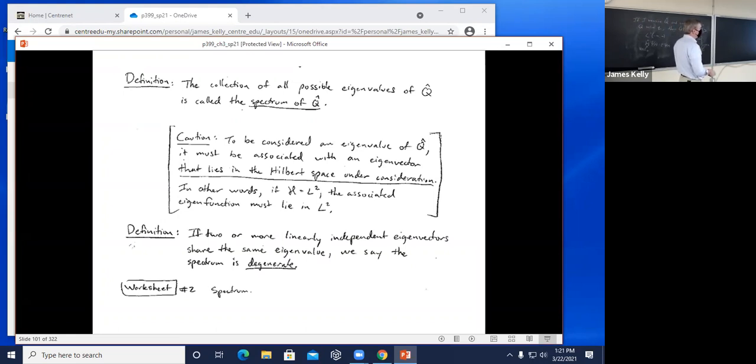Okay, here's another definition. There's just a bunch of definitions, and we're going to play around with these more and more. If two or more linearly independent eigenvectors share the same eigenvalue, we say the spectrum is degenerate.